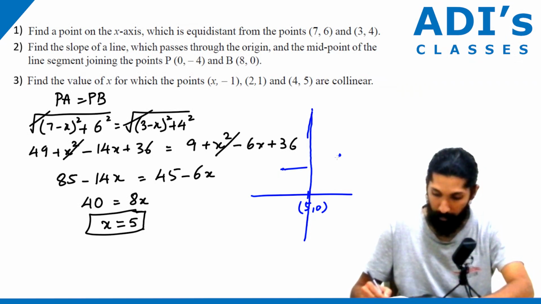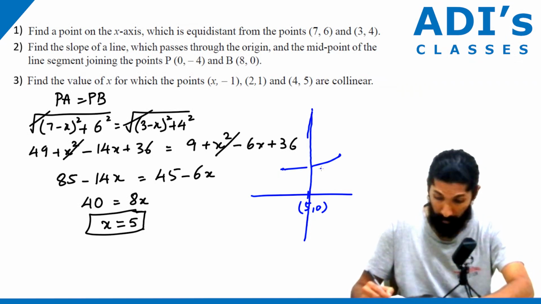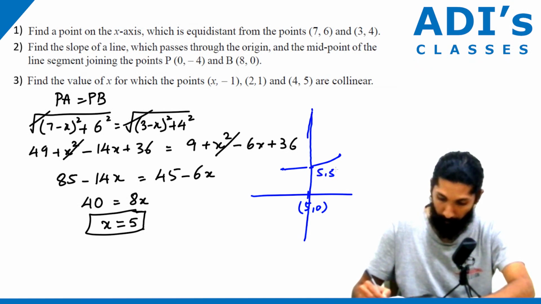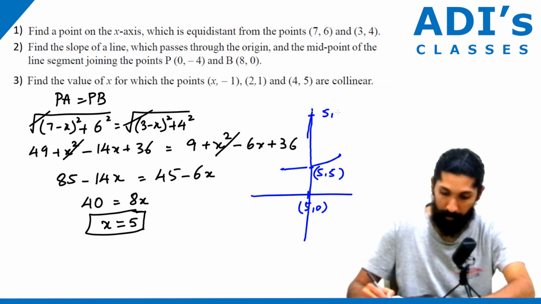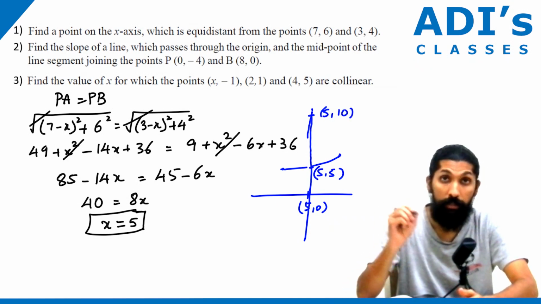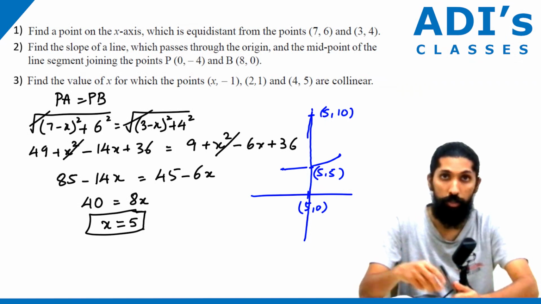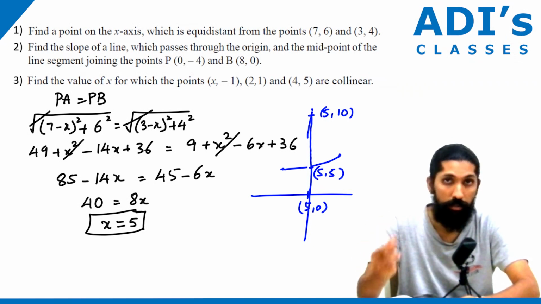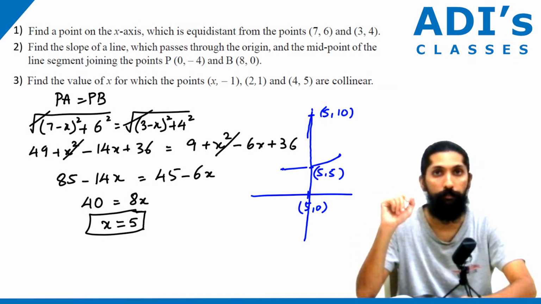So this point is (5, 5). And if you take this one, it's going to be like (5, 10) or something. Doesn't matter, whatever it is, the abscissa part remains the same. That means you can just use the midpoint formula and you are going to get the answer.